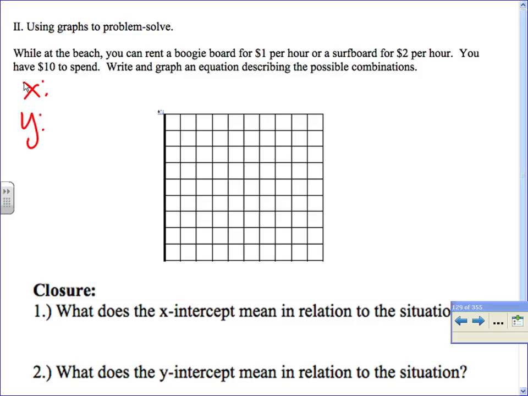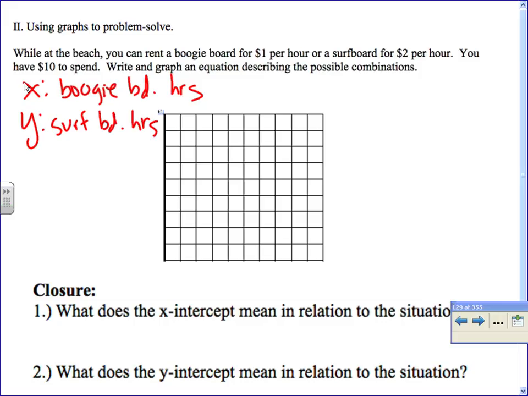Okay, good. I always spell boogie board wrong. So boogie board hours is x, very good. Y is surfboard hours, or you could say the hours you spend boogie boarding and the hours you spend surfboarding. Why is that x and why is that y? Anyone know? Charles, why? Okay, correct. Why though?